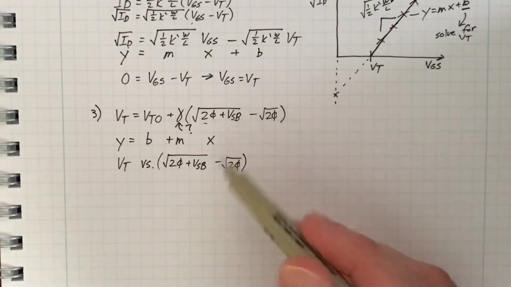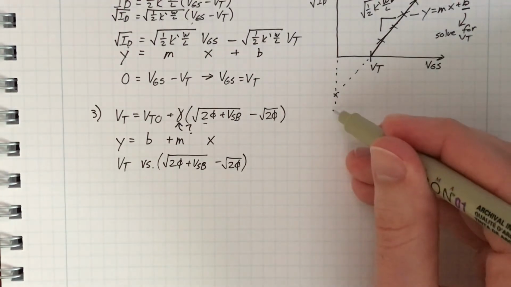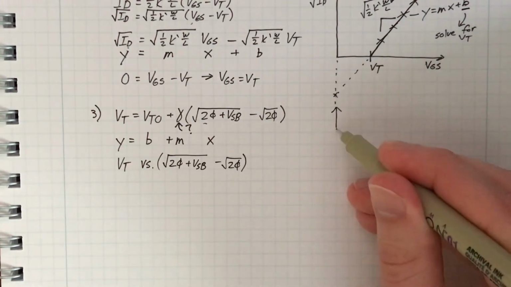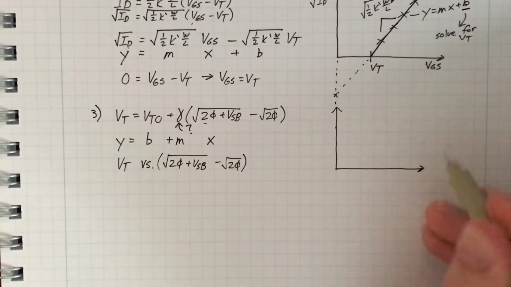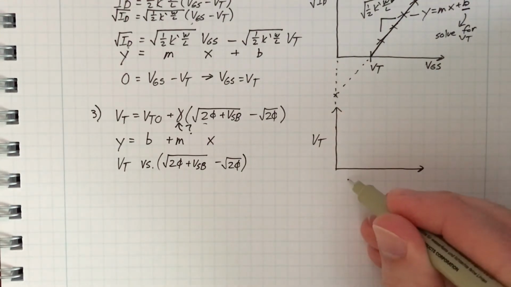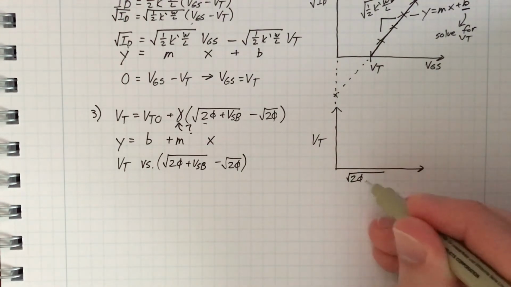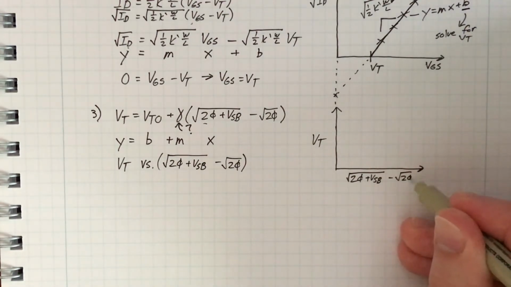And so that's how that gets mapped to the best fit line. So if we construct a similar plot like we did before, we want to plot threshold voltage versus square root of 2 phi plus VSB minus square root of 2 phi.